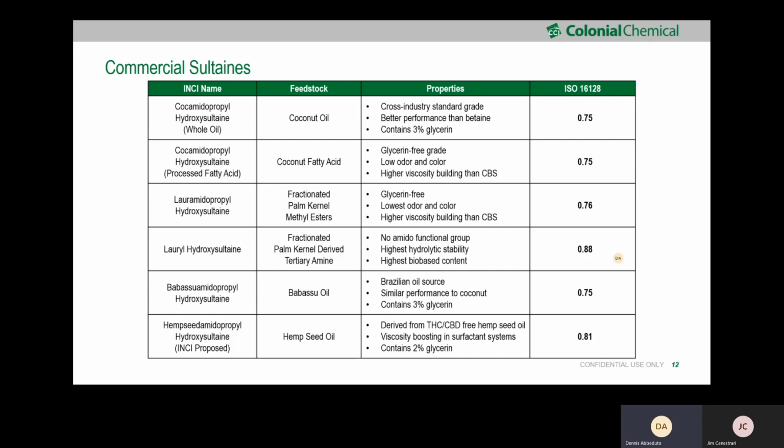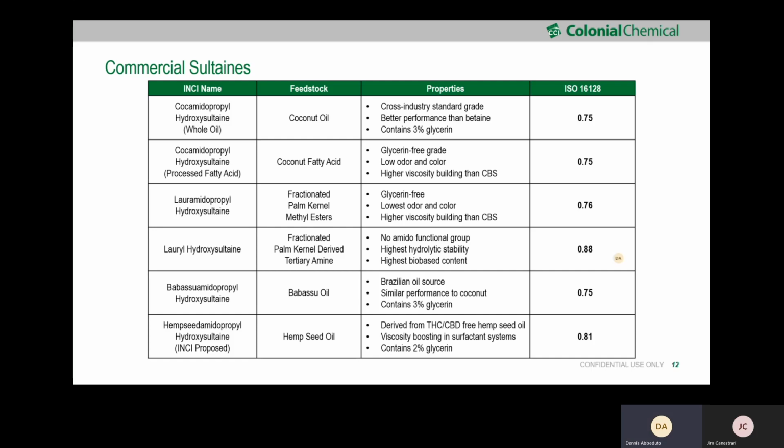Some newer additions into the marketplace. We have babassuamidopropyl hydroxysultaine, produced from babassu oil, which is a Brazilian oil source, which provides similar performance to coconut, but gets us away from the coconut or palm kernel confusion.